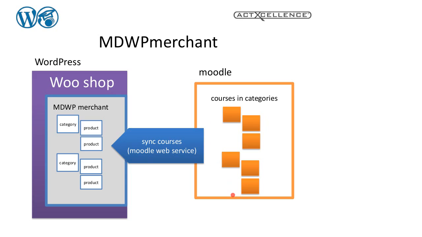This is a good solution when you have a number of trainers and they all sell their own courses. Then it's not necessary to ask them to maintain the product description. You have everything inside the description of Moodle. It doesn't take pictures at the moment, but I think in the future there are possibilities that other things from Moodle can be synchronized with the Moodle web service.